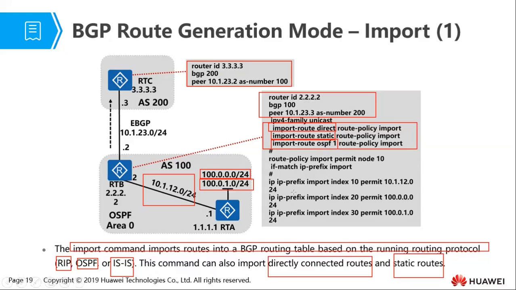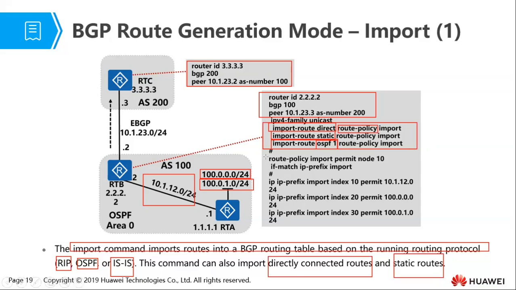Now, in order to prevent all other routes from being imported into BGP, for example, all other routes that have been learned through OSPF 1, we can configure what we call a routing policy, a topic that we are going to look at a little bit later.